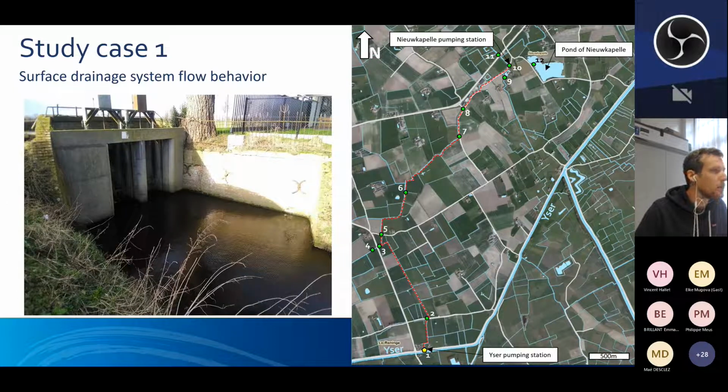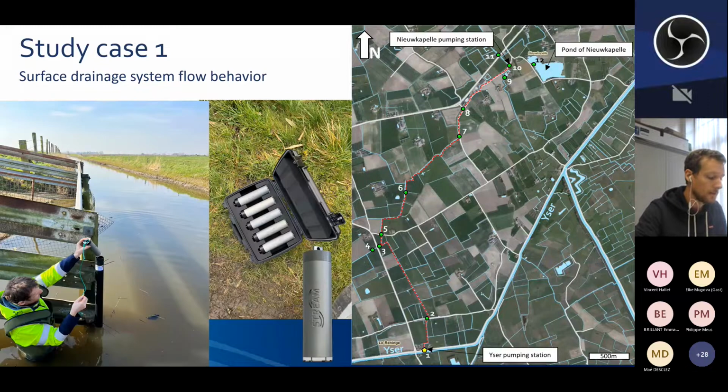However, the water producer here was interested to know how water is flowing in this channel, in which direction, at what speed, and if the hydrodynamic behavior is changing along the supposed pathway of the water. So in coordination with local farmers, we installed 12 field fluorometers along the supposed pathway of the water flow.